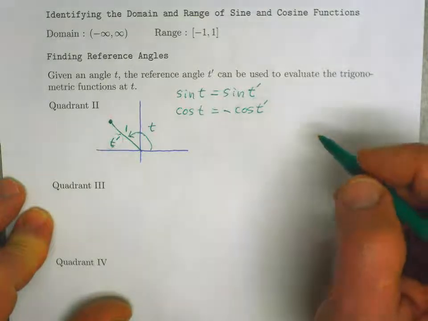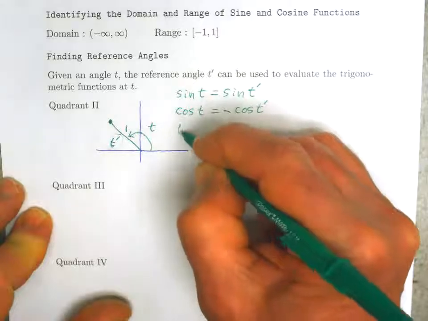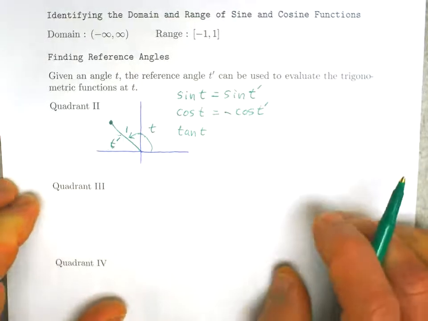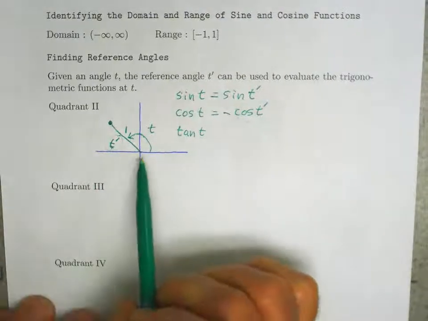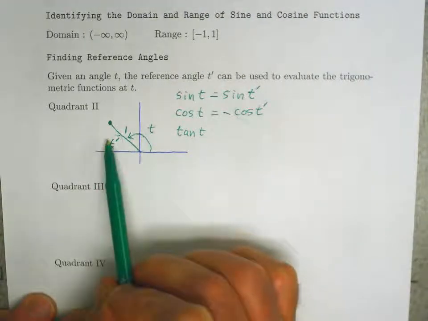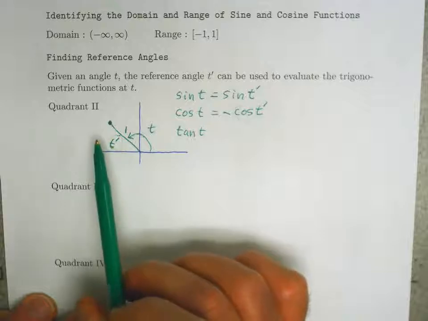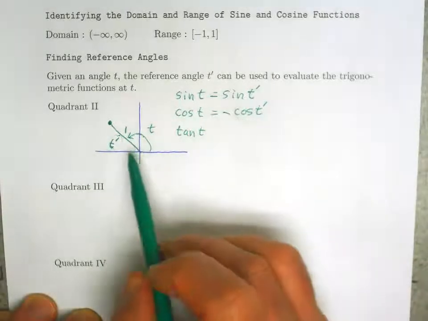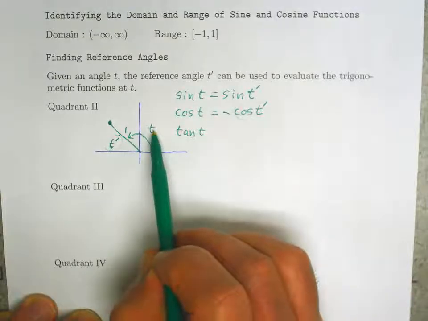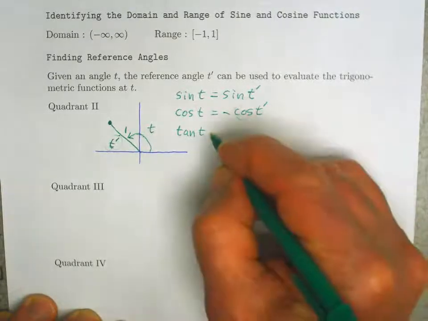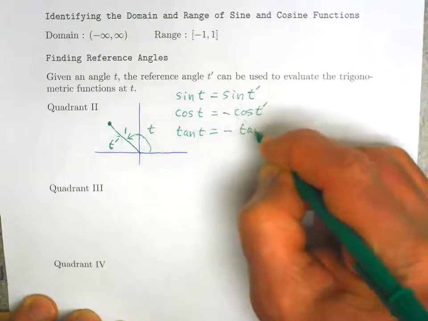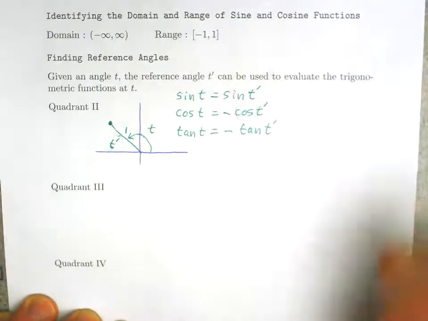Okay, well, what about tangent of t? Well, the tangent, since it's opposite over adjacent, the tangent of t will be negative when t is in the second quadrant. So this is going to be equal to the negative of tangent of t prime.